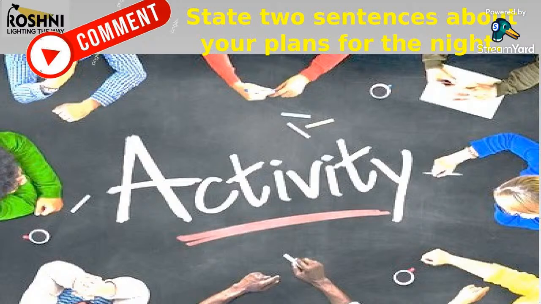State the plans. State 2 sentences about your plans for the night. Okay? Something that you did later at night. They have been going to the ground since an hour.